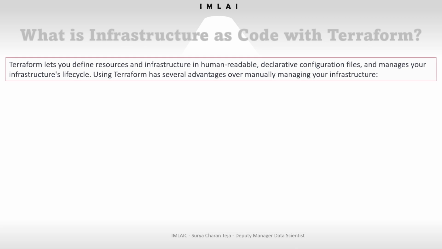Infrastructure as code, IAC tools allow you to manage infrastructure with configuration files rather than through a graphical user interface. So IAC allows you to build, change, and manage your infrastructure in a safe, consistent, and repeatable way by defining resource configuration that you can version, reuse, and share.